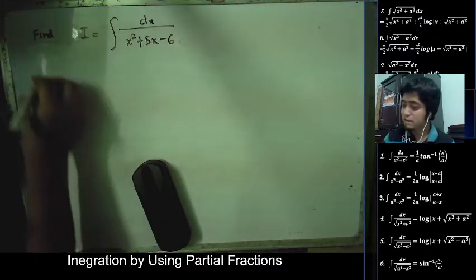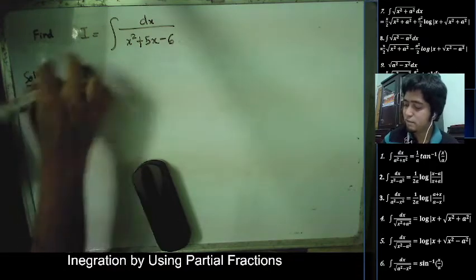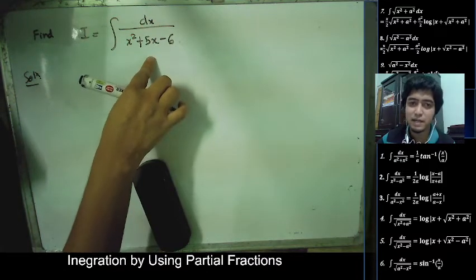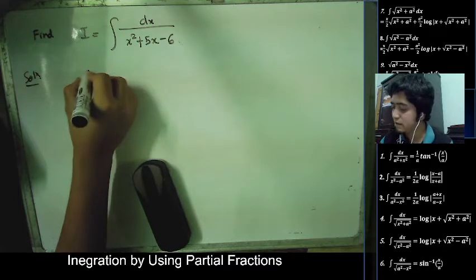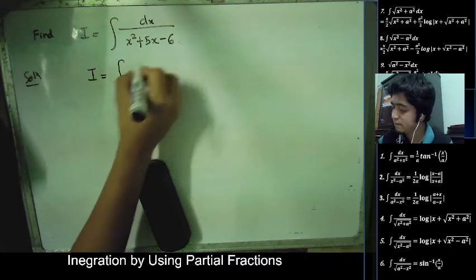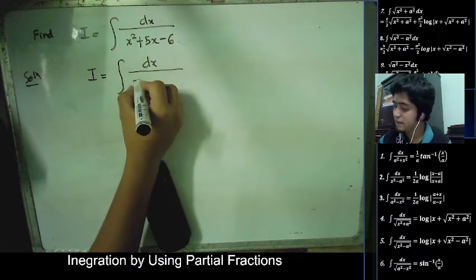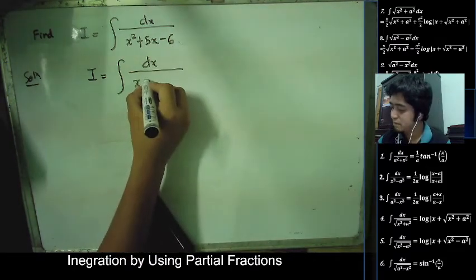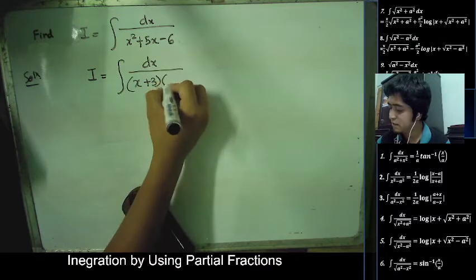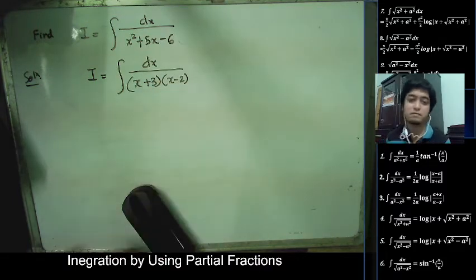Now, if you remember the steps, we first have to factorize the denominator. That is exactly what I will do. If you factorize it, splitting the middle term, you will be having x plus 3 into x minus 2.